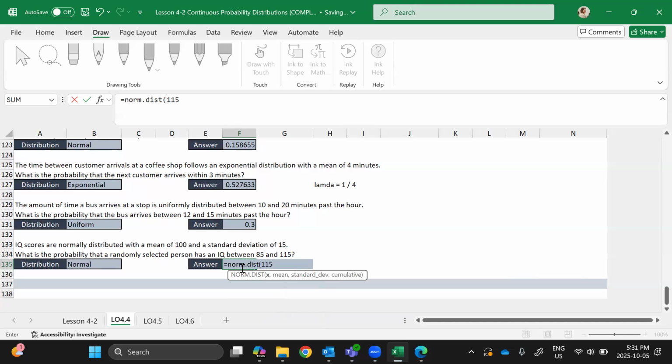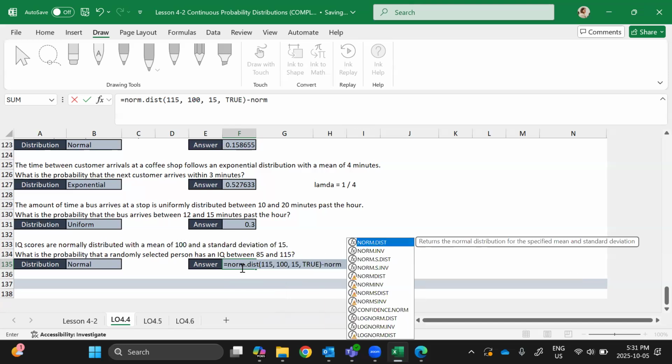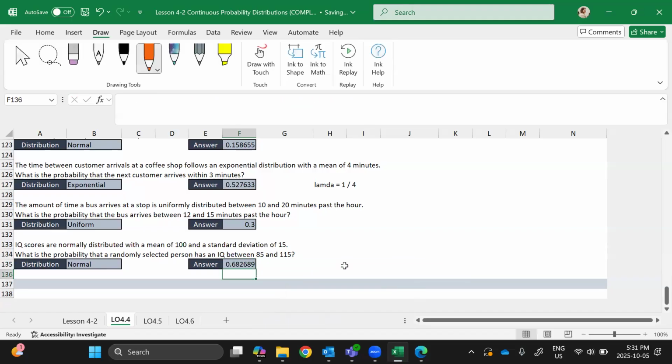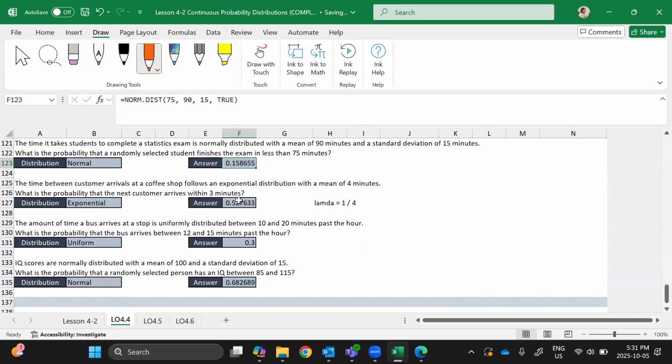First with the higher value, mean, standard deviation, true, and then you'll have to do norm.dist a second time to subtract with the lower value, the mean, standard deviation, and true. With that difference, that will give you the probability that's between the two numbers, which is about 68.3%.